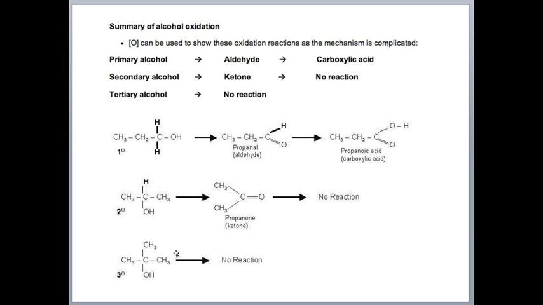And this is a tertiary alcohol, because the OH group is attached to the carbon that has 1, 2, 3 methyl groups, and because it does not have any lone hydrogens attached to this carbon, no oxidation can take place.